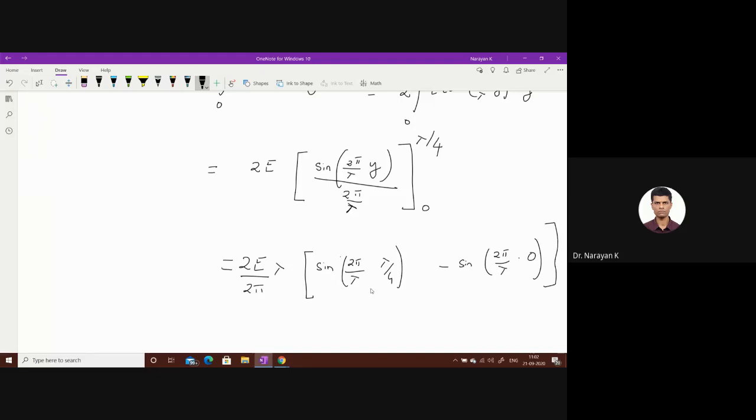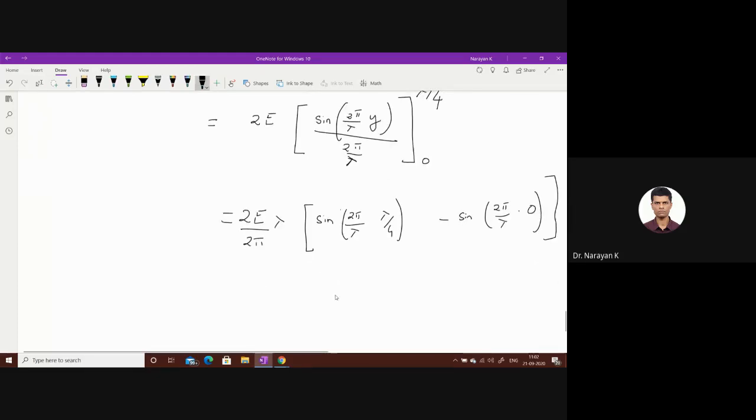This is what happens if you apply the limits. This is your voltage VOC. If I do further substitution, lambda will get cancelled. This whole thing will become 0, right? So if I do the further substitution, I will end up getting 2 lambda. This 2 will get cancelled.